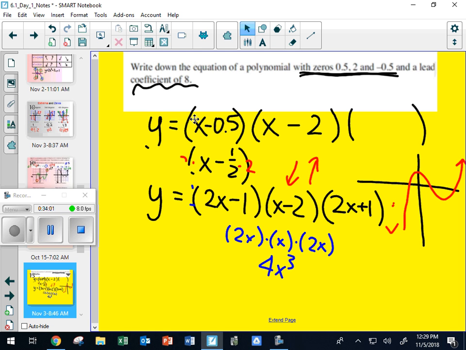We just need another factor of 2, right? If we need another factor of 2, well, we have a factor of 2 here, right? If we have a factor of 2 here and we need another factor of 2, we should just get another one of those, right? So why don't we just square that one? Yeah.